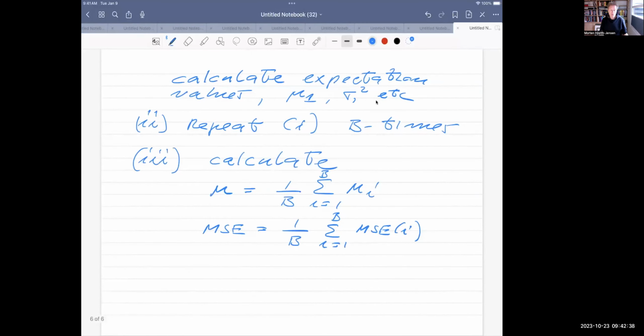And this is an example which I'm going to present on the slides. So I'm going to take an example of a Gaussian with n equal 10,000.